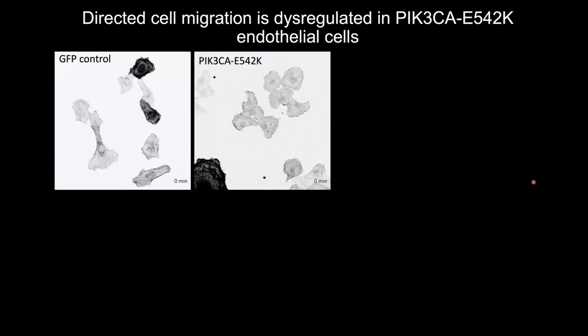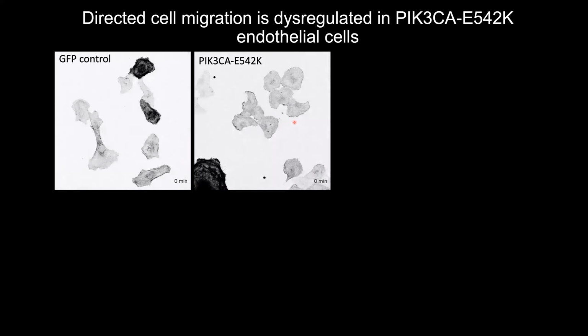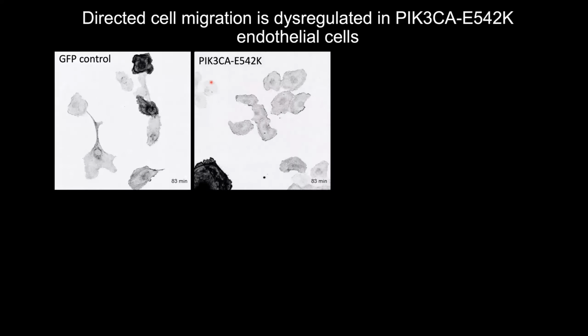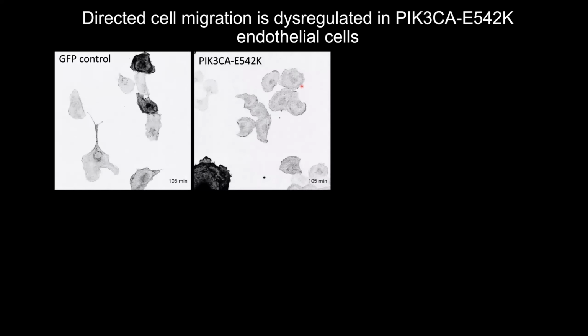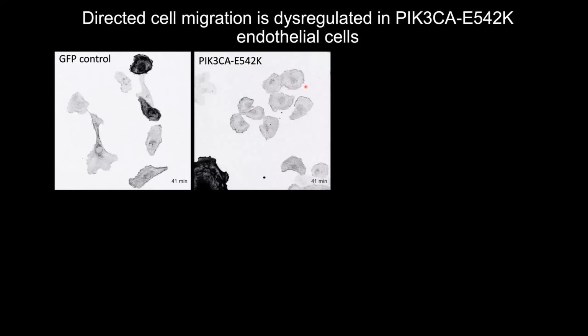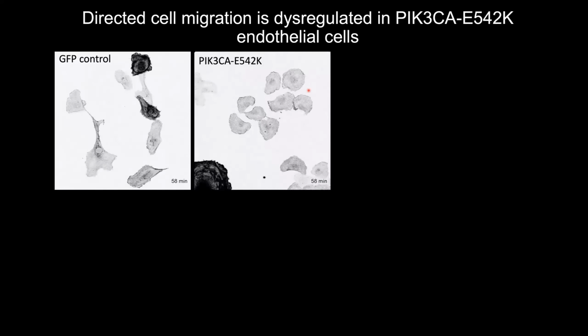And so the first thing she did was she started to look at how the cells moved and their actin ruffling profiles, which are signatures of RAC activation. And indeed, she saw that in the mutant cells, there was upregulation of actin ruffling and lamellipodial formation.